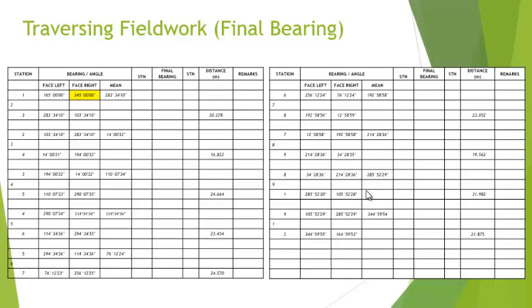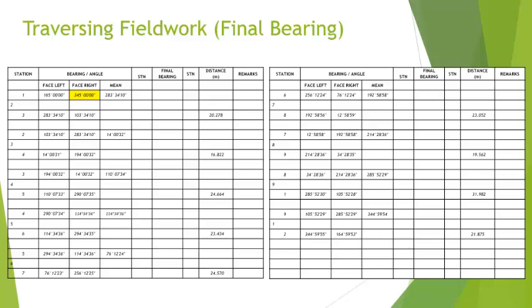The traverse is closed at 344 degrees, 59 minutes and 54 seconds, while the datum is 345 degrees, 0 minutes and 0 seconds. It is important for us to understand that in this traverse, the closing bearing is smaller than the value of datum.